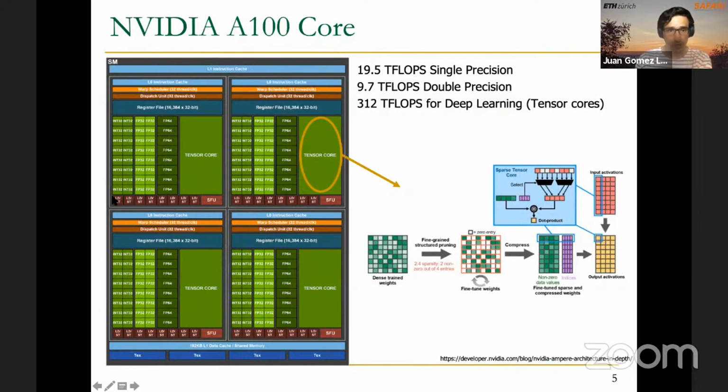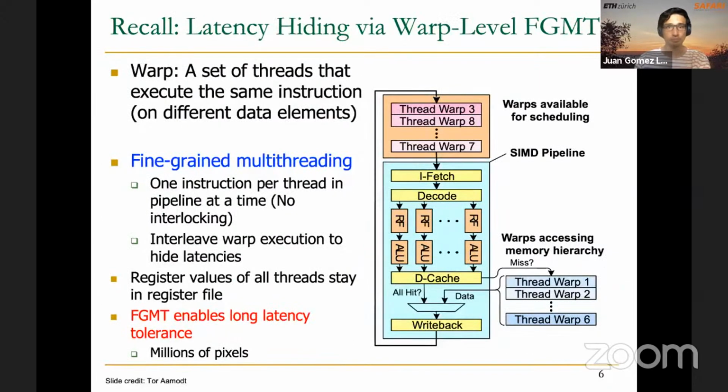And then we also find here load and store units to access the memory, and we have these special function units as well. And in the last three generations of the architecture, we also see these tensor cores, which are specialized SIMD units for machine learning. They essentially execute very fast dot product operations, as you may remember from the previous lecture.